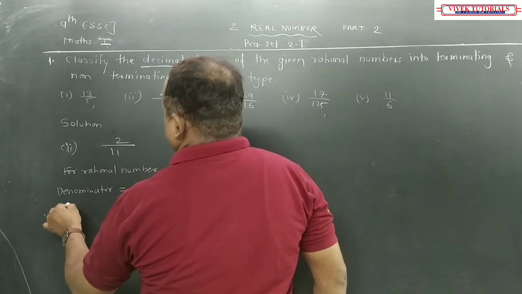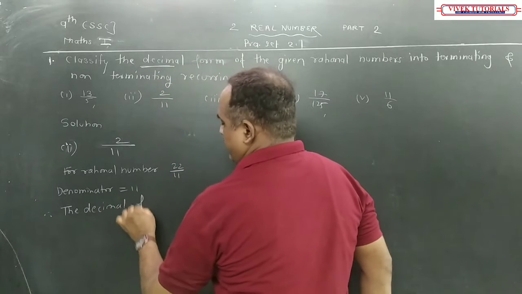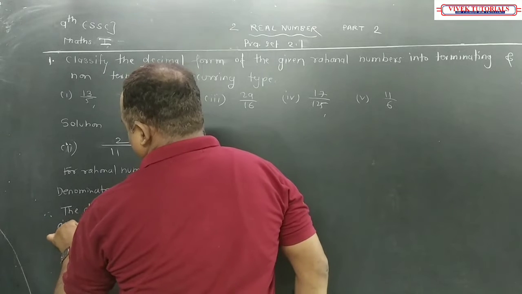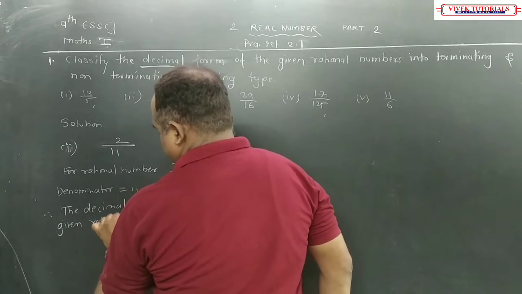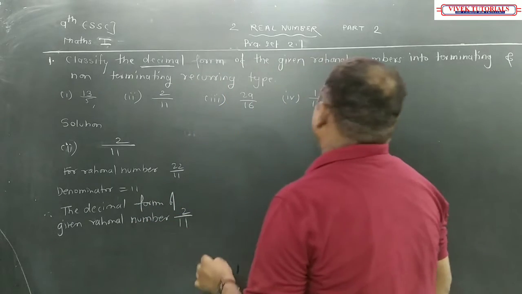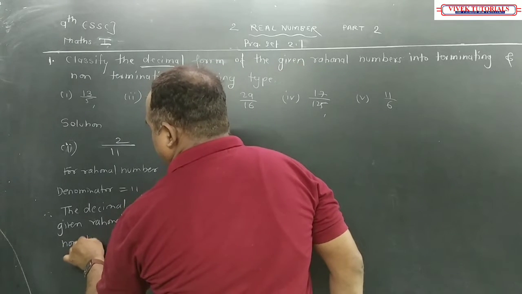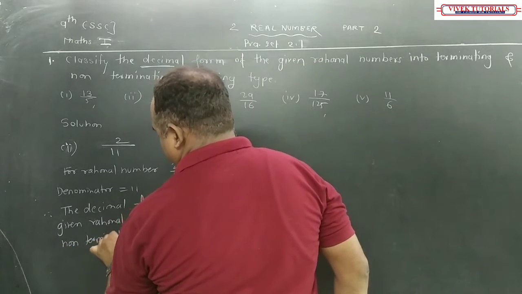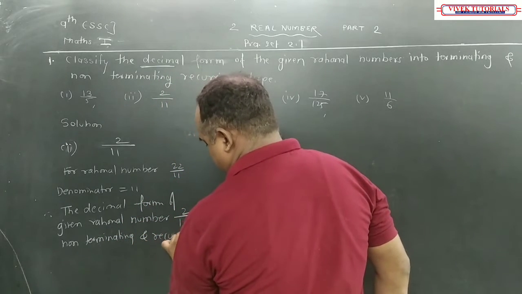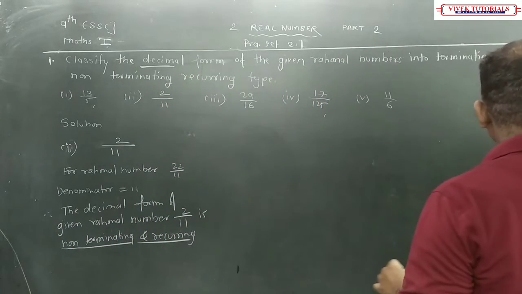Therefore, the decimal form of given rational number 2 upon 11 is non-terminating and recurring.